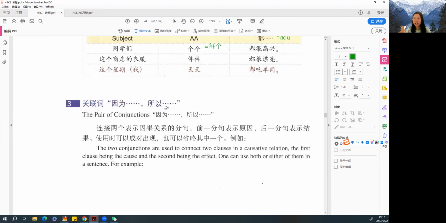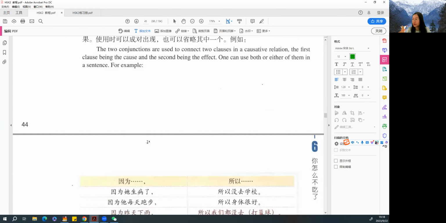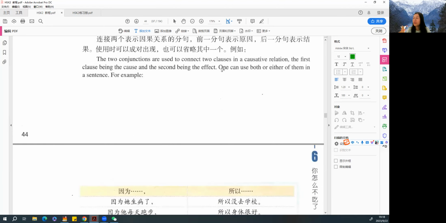They are a combination. And the pinyin of this is 因为 and 所以, correct? These are very easy. So of course you can use both or either of them.